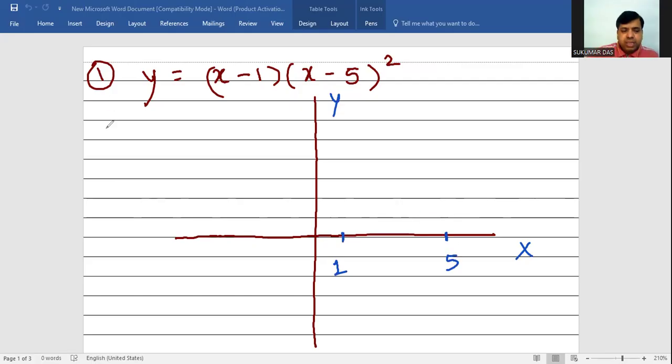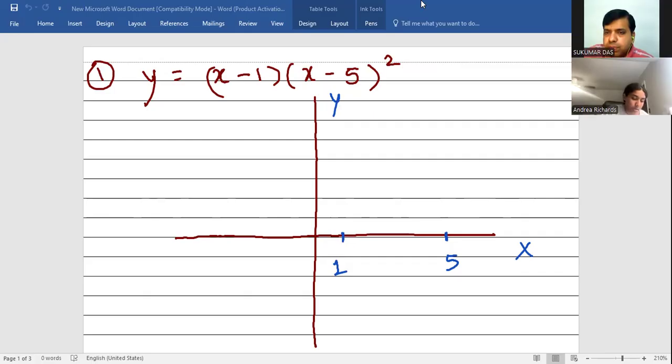Now, can you tell me the end behavior? It is a positive coefficient, and the first term has an odd multiplicity, but the second term has an even multiplicity. So it would be positive and odd.